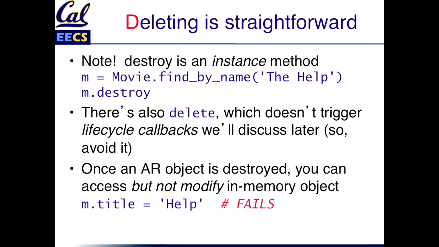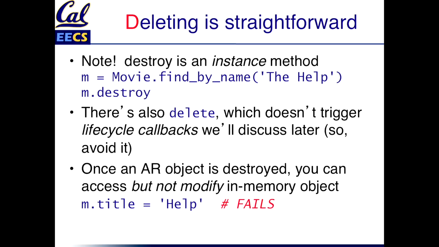Ruby helpfully gives us the technology so that once we've called destroy on an object, the database's version of the object is gone, but we've still got M, this data structure in Ruby. What would prevent us from trying to modify the attributes, even though we know we'll never be able to save it again because we deleted it from the database?